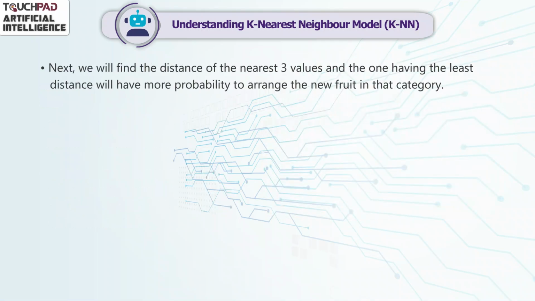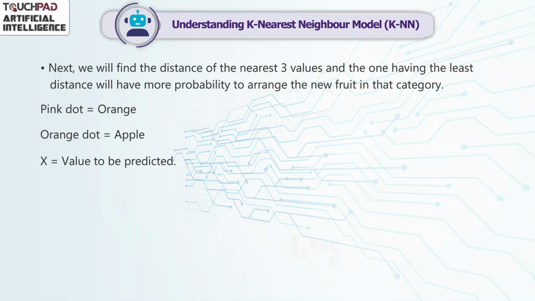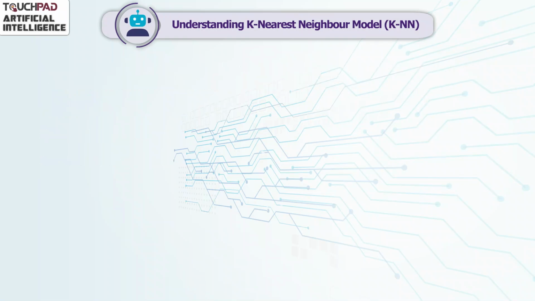Next, we will find the distance of the nearest 3 values, and the one having the least distance will have more probability to arrange the new fruit in that category. Pink dot is equal to orange. Orange dot is equal to apple. X is equal to value to be predicted.